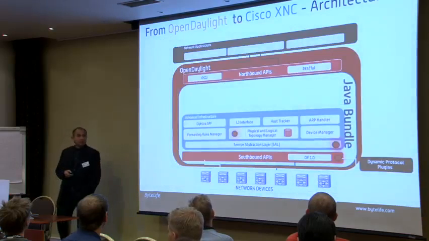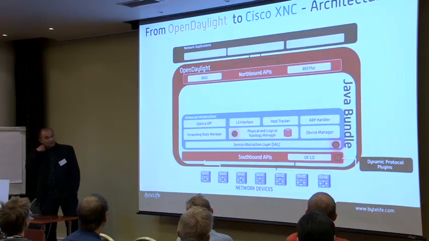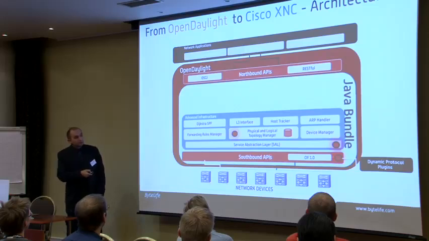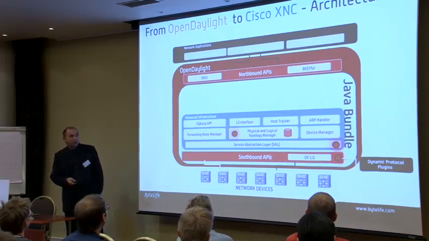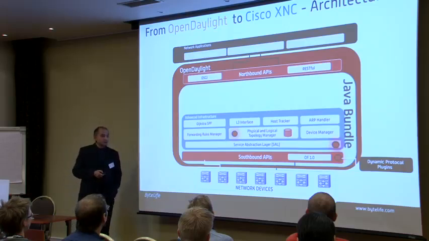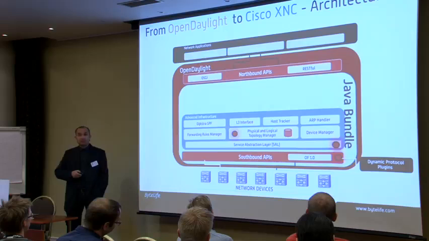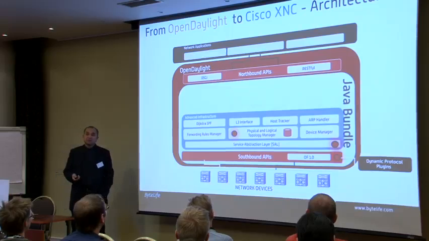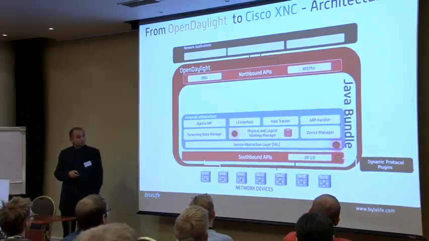So if you have a quick look at the inside, what's covered by OpenDaylight, actually there is a southbound API, which is OpenFlow 1.0. Actually now there is a 1.3 as well. You can talk to different vendors, different infrastructure pieces, whoever talks OpenFlow.